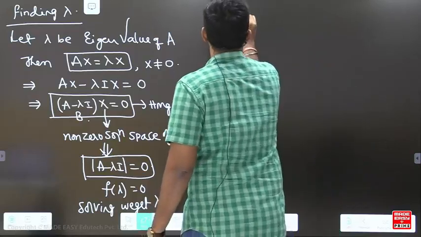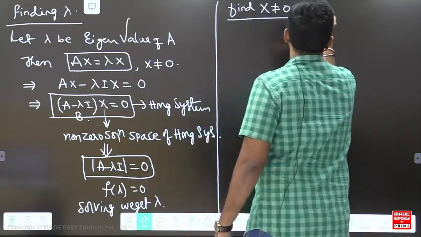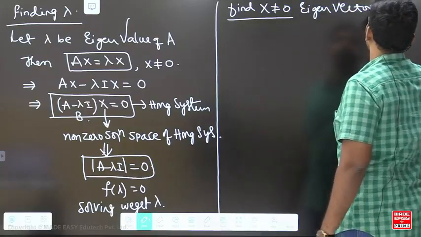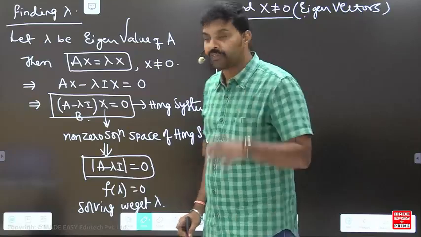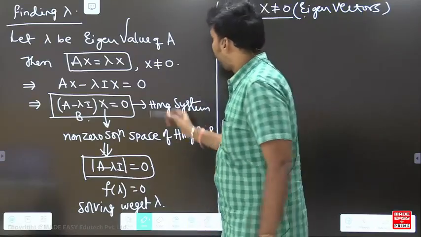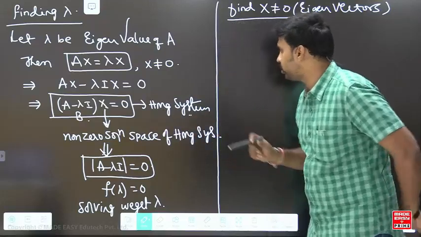Now let us see how you find the eigenvectors, that is x not equal to 0. Dear students, according to the definition, what is an eigenvector? Eigenvector is the solution of this homogeneous system.